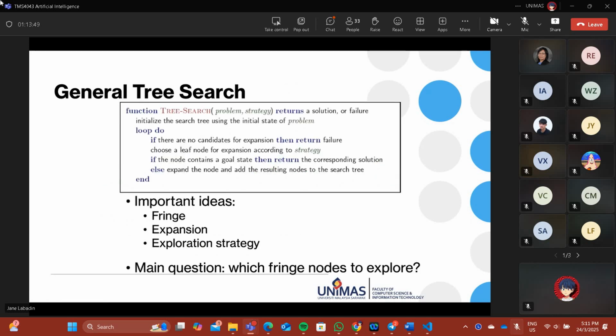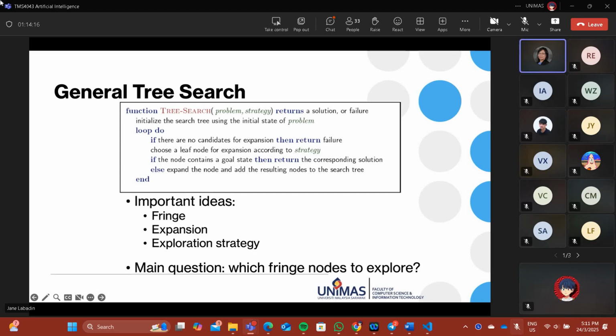So basically, in a general tree search algorithm, you will have your function, tree search, where you have your problem and your strategy, and it returns a solution or you fail.